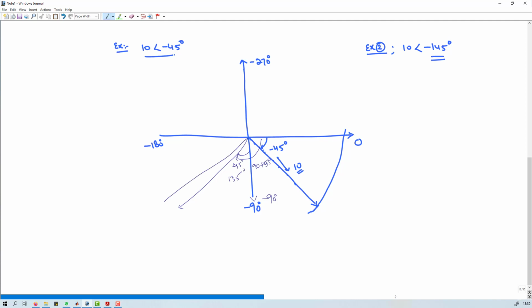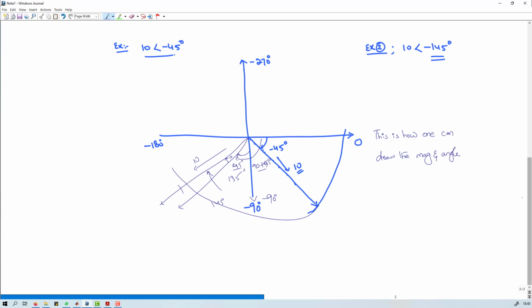This also has the same magnitude of 10, so we extend it from there to here. You will get 10 at an angle of -145 degrees. That is how we can easily draw both the magnitude and the angle in a single polar form, where we have both the real axis and the imaginary axis.